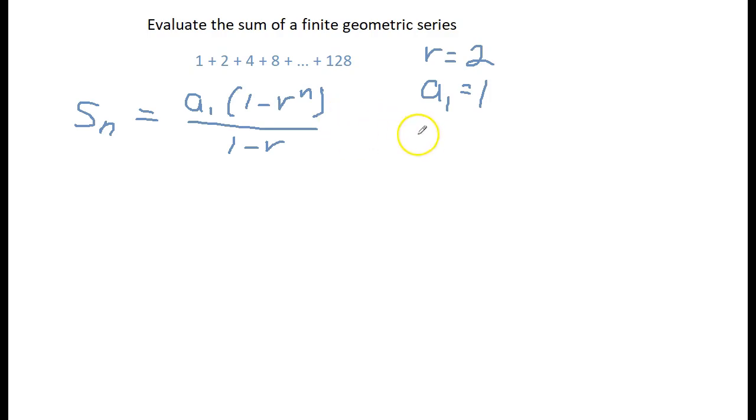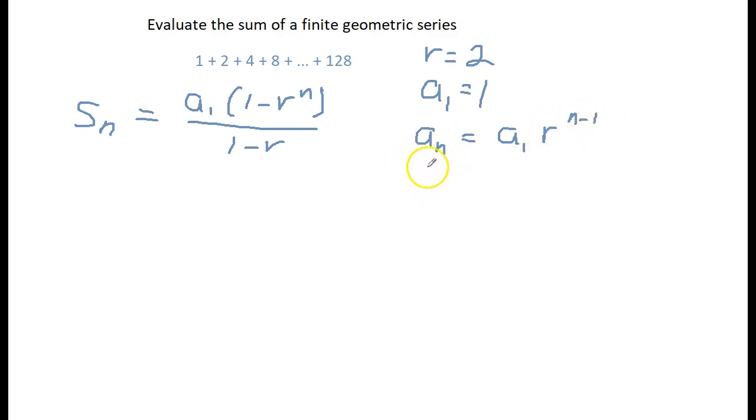So I say a sub n equals a sub 1 times r to the n minus 1 power. All right, because we know a sub n, a sub 1, and r, we can use this to solve for n.